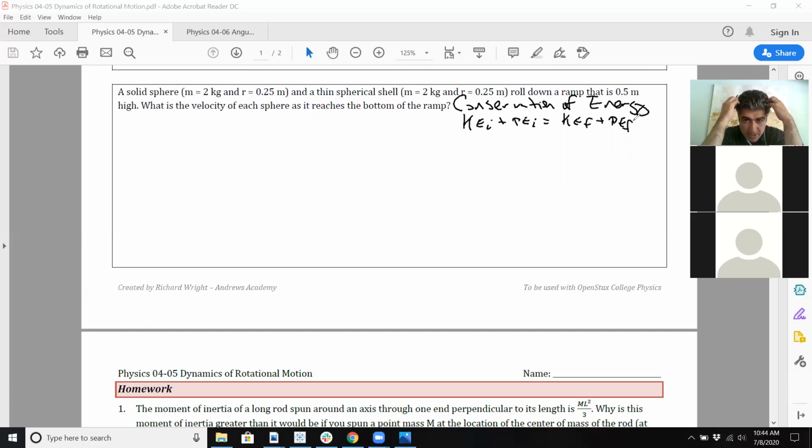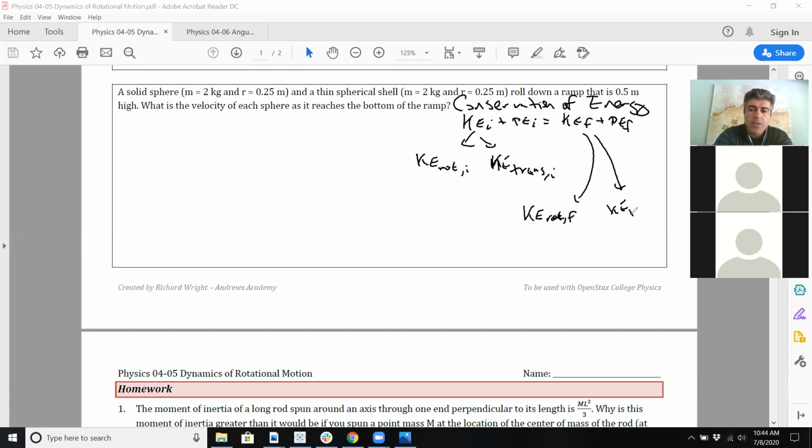The only thing is that for the KE initial, you're going to have to do KE rotational initial and KE translational initial. And likewise here, KE rotational final and KE translational final.